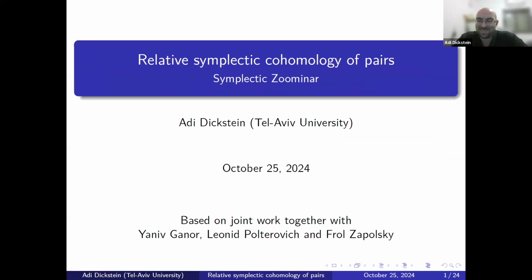So, as you said, my name is Adi Dickstein from Tel-Aviv, and today I'm going to talk about relative symplectic cohomology of pairs. This talk is based on joint work with Yaniv Ganor, Leonid Polterovich, and Frol Zapolsky.